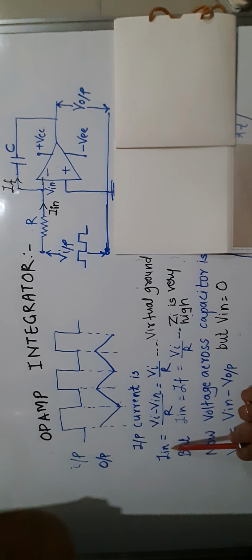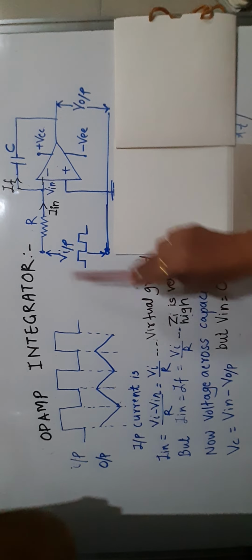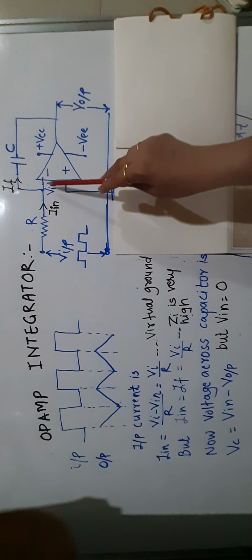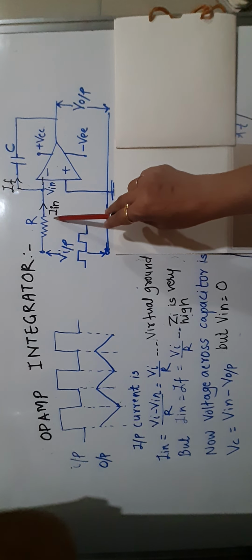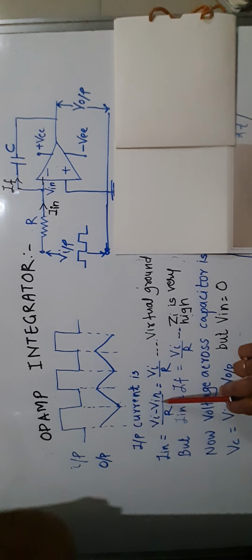So I-in equals Vi minus Vin upon R. But we know Vin voltage is 0.